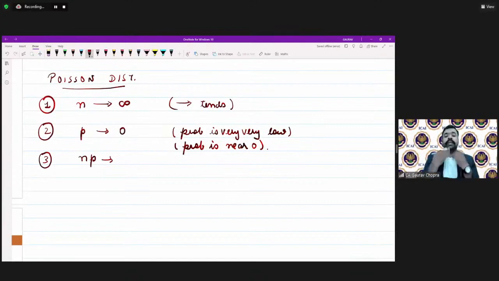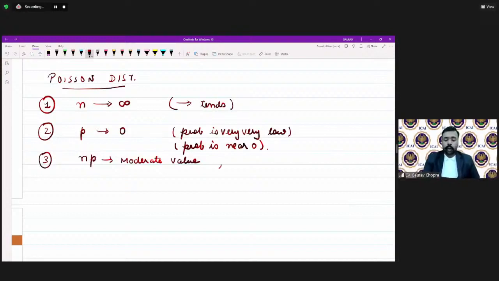That means there will be an average value, a moderate value. So n into p, that is the mean, is a moderate value. So n tends to infinity, p tends to 0, and np is a moderate value.